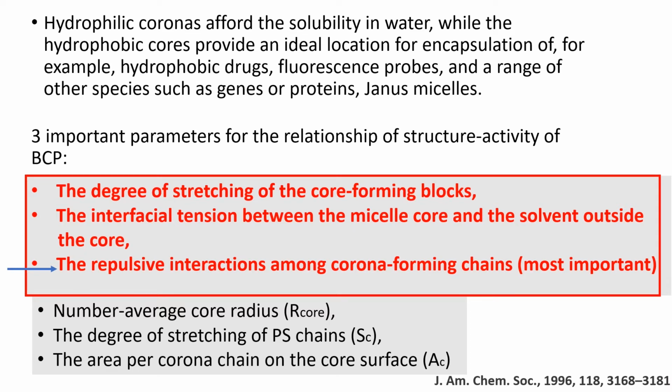This is the most important one. They are characterized by the number average core radius, the degree of stretching of the polystyrene chains of the core, and the area per corona chain on the core surface, AC. This AC is very important to determine this repulsive interaction, which determines the curvature of the aggregate and the nature of the self-assembly.